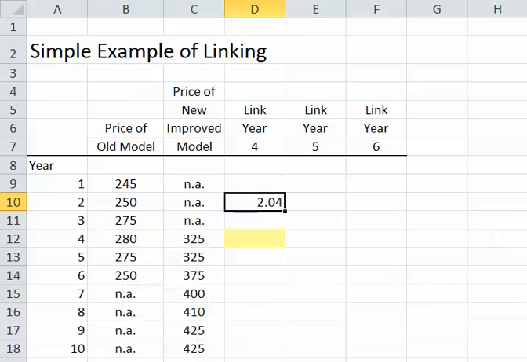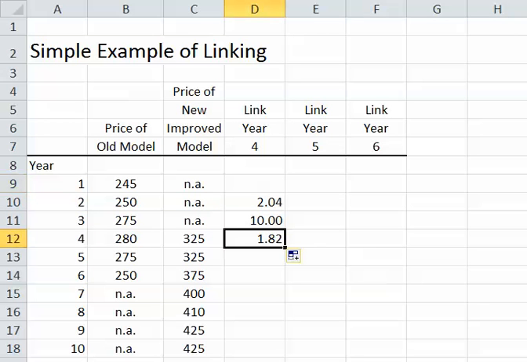That's the inflation rate that we would apply for year 2, getting it from the old model. We would do the very same thing in year 3, and in year 4, because we're using the old model to calculate all those inflation rates.